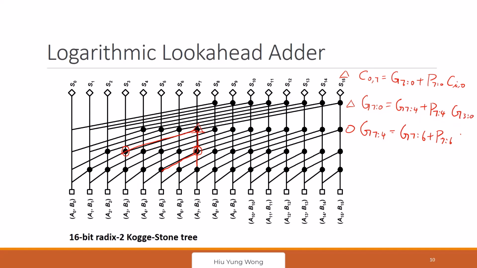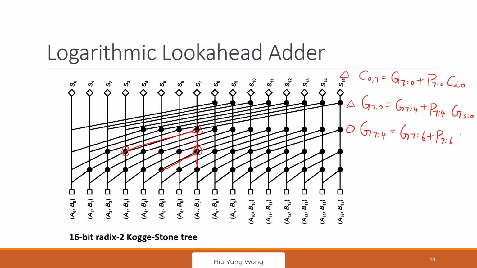So I made this mistake. So the whole thing, 7 to 0, generates either 7 to 4 generate, or 3 to 0 generate and then 7 to 4 propagate. That's what it's trying to say.